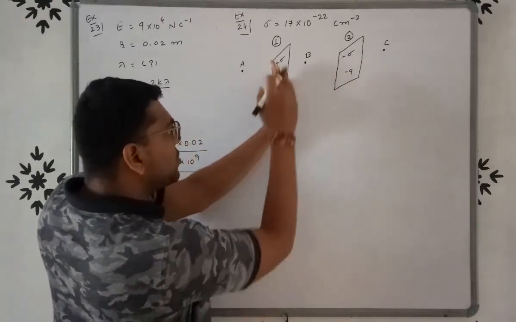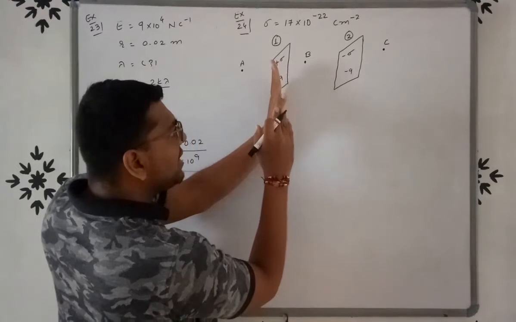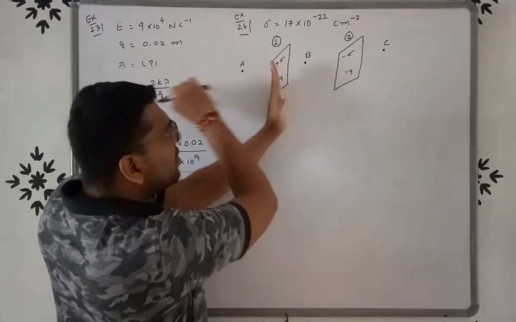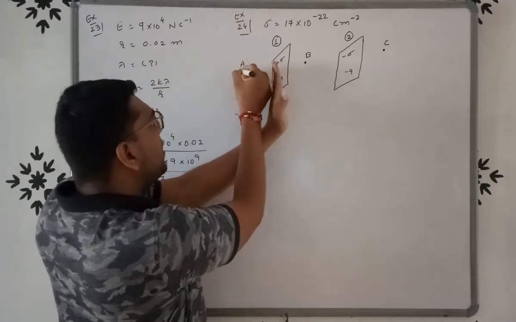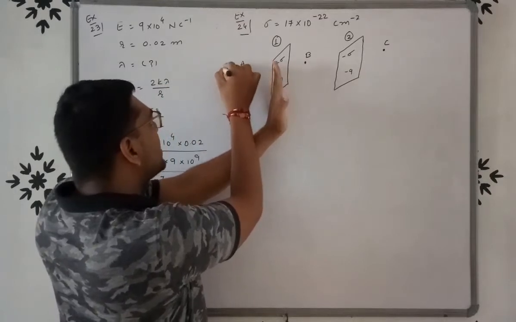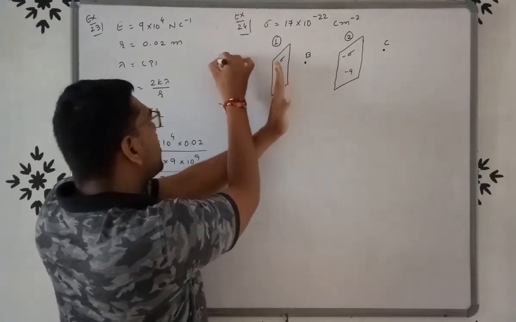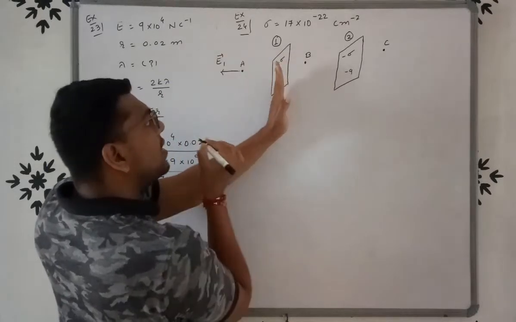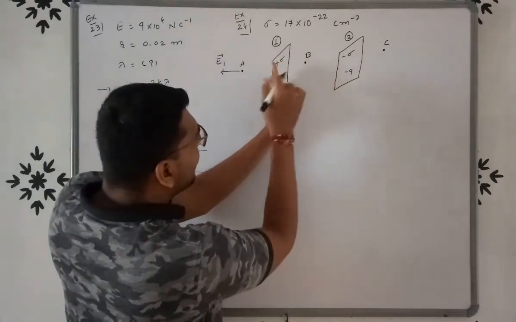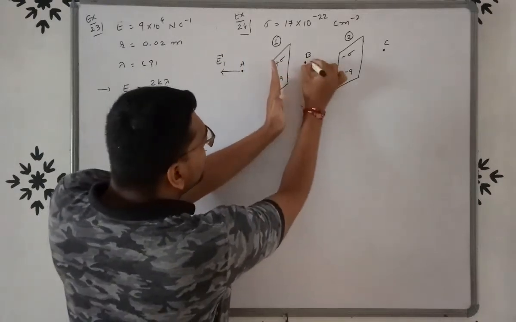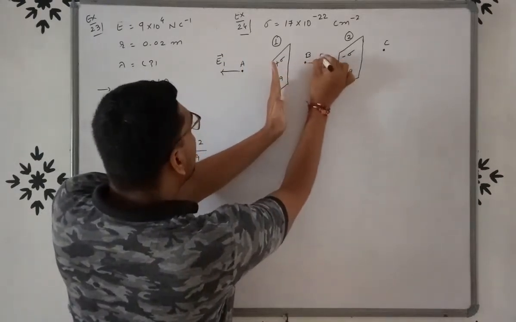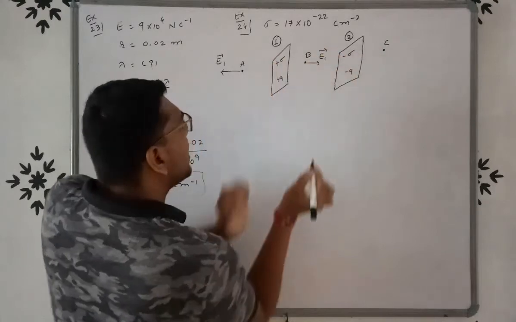So suppose there is positive charge, the electric field lines are outward, like on the left hand side. So the electric field due to plate 1 is like this, to the left hand side, so E1. Now at point B the electric field is outward, like this, so this is E1, right?